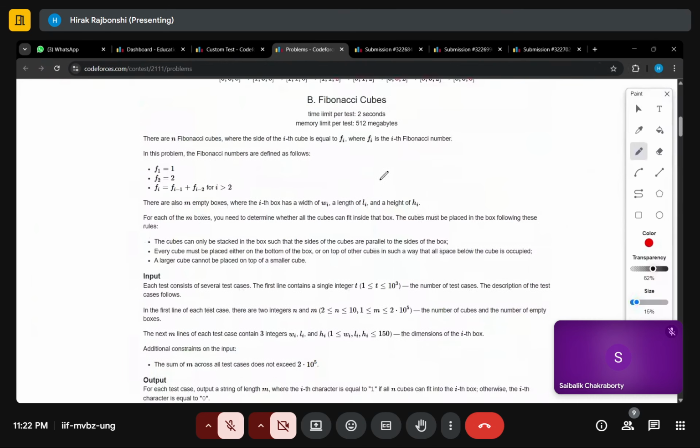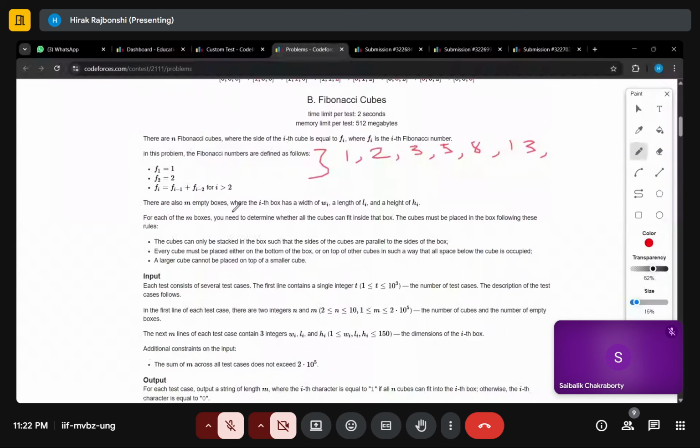So in this question, there is the definition of Fibonacci numbers: the first value is 1, then the next value is 2, this is given, and each next value is the addition of the previous two, and this will go on.